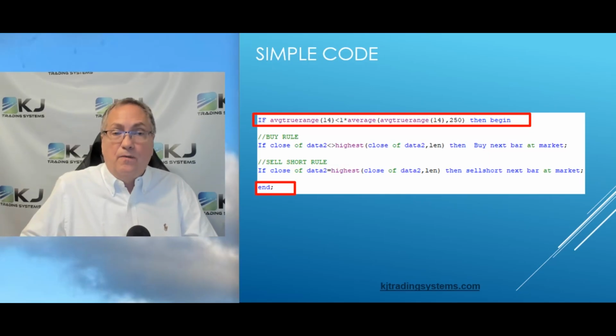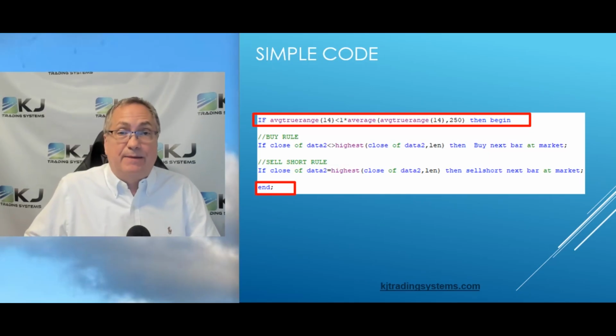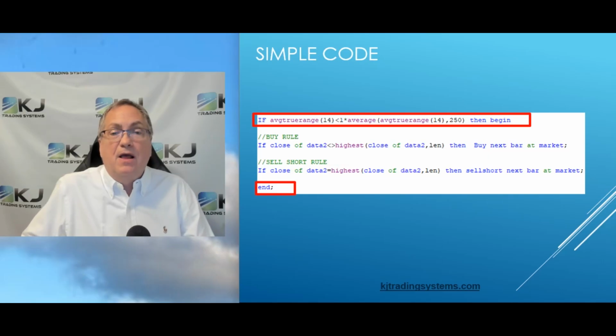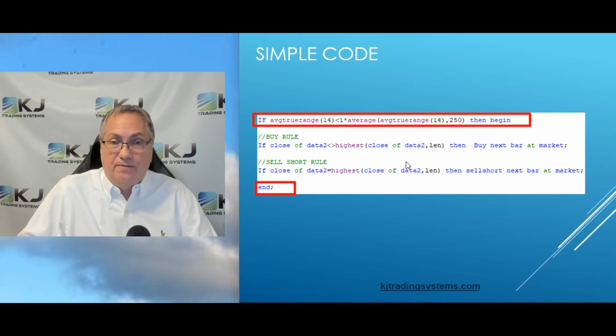Okay, so the code is pretty simple. This is TradeStation, but I have highlighted the code for the kill switch in red. So the red boxes. So what I have is I have a buy rule and a sell rule. Those don't matter for this demonstration. But what I have is basically an if block that contains those buy-sell rules.